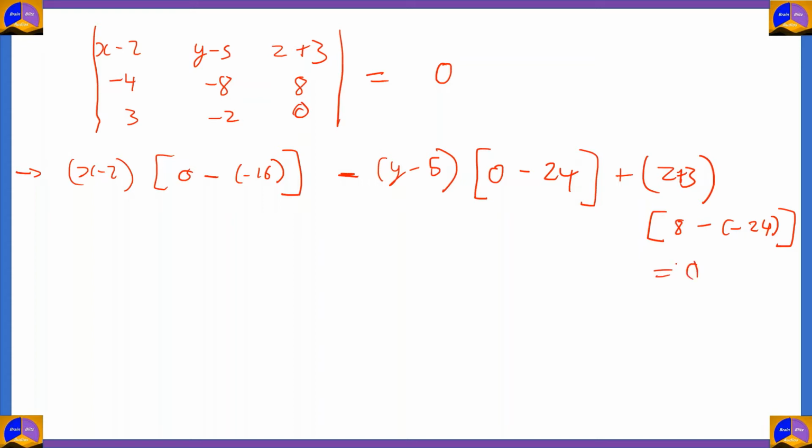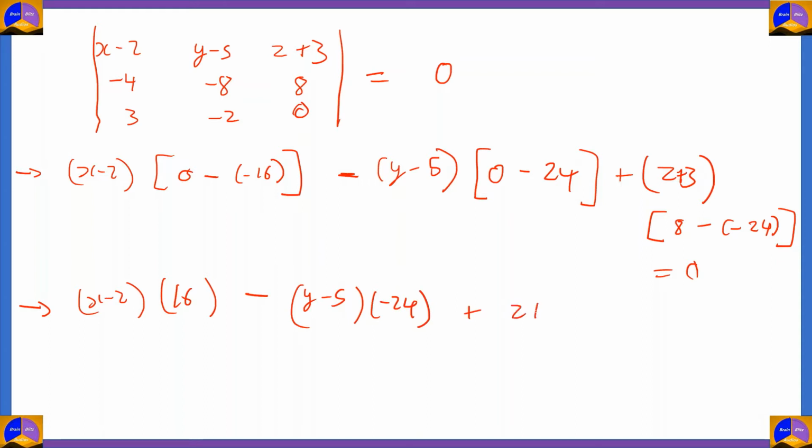Let's start solving the brackets. So x minus 2 times 16 minus y minus 5 times minus 24 plus z plus 3 times 32, and that will be equal to 0.